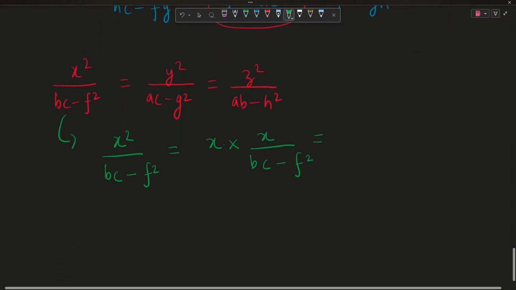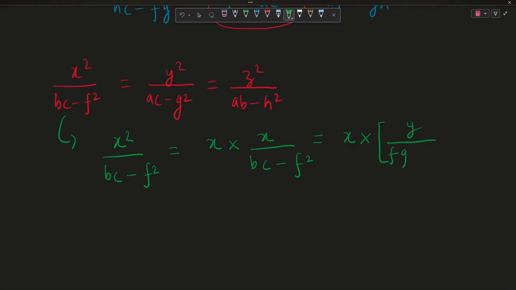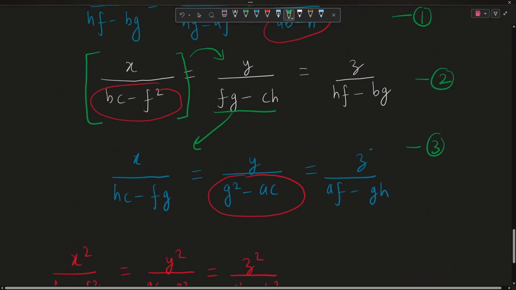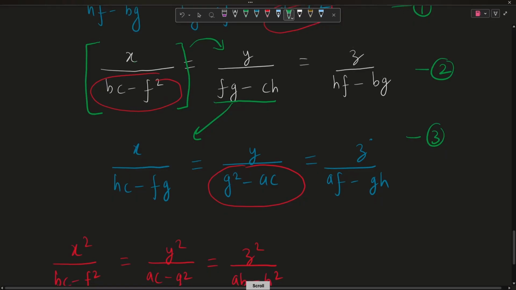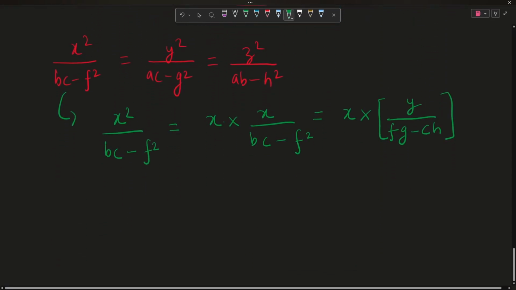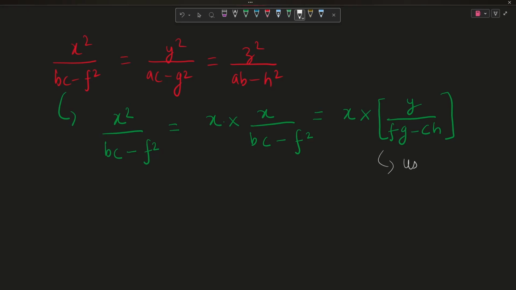So I can say x into y upon fg minus ch, and y upon fg minus ch, using equation number 2. I have written this using equation number 2.